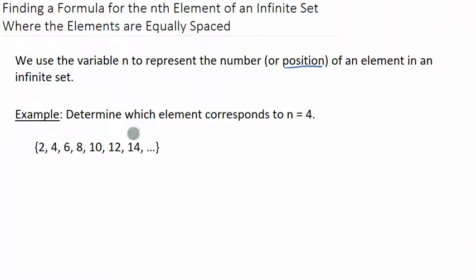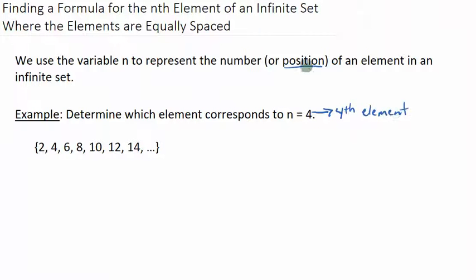So here's an example of an infinite set where the elements are equally spaced. And what I mean by that is from 2 to 4 is 2 units, and from 4 to 6 is 2 units, 6 to 8 is 2 units, and you can see there's an equal spacing of 2 amongst those elements. If I want to know which element corresponds to n equals 4, what that means is I'm looking for the fourth element.